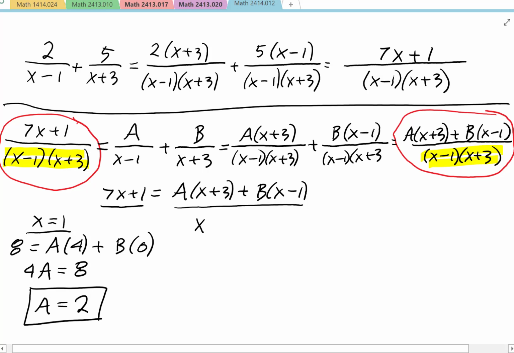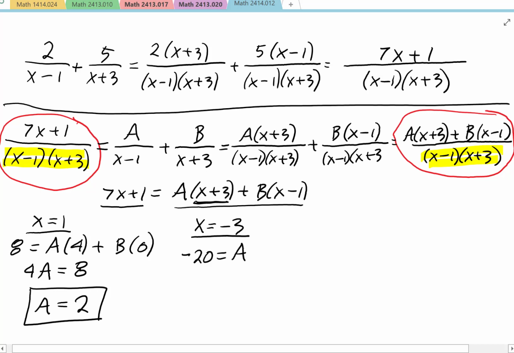Next, we're going to cause this term, this x plus 3, to go to 0. So I'm going to plug in x equal to negative 3. Okay, on the left-hand side, 7 times negative 3 is negative 21, plus 1 is going to be negative 20.